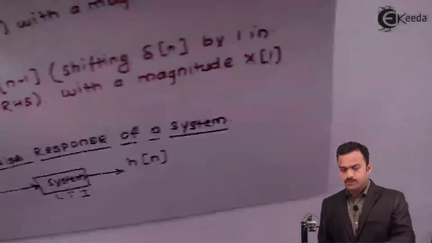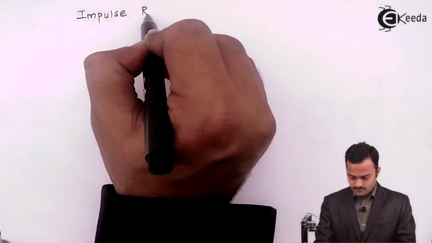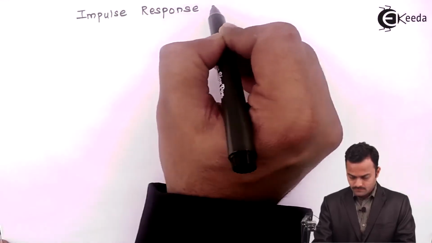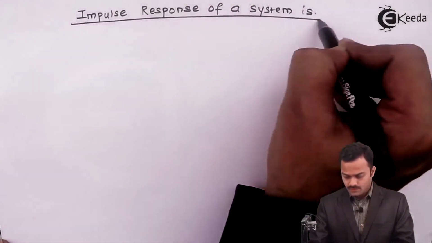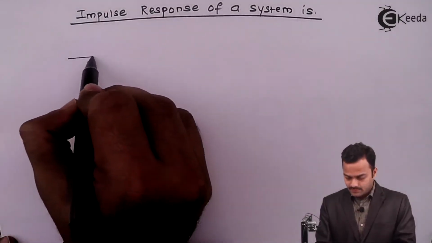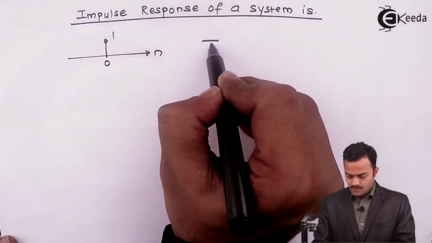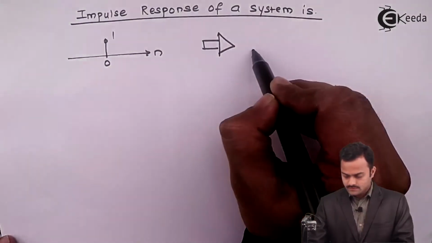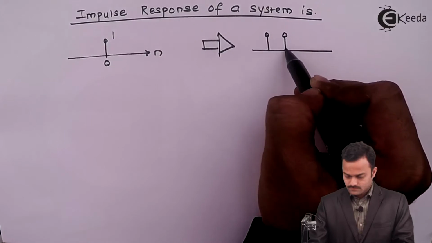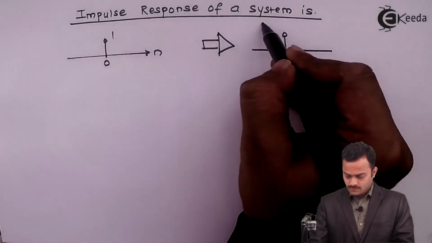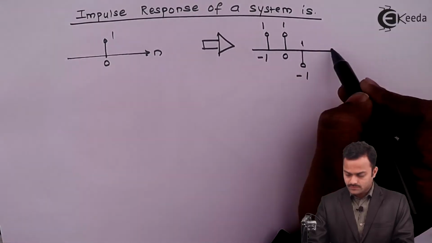So let's consider the impulse response of a system is, I'm randomly selecting that if the impulse is applied to the system, I'm getting an output, let's consider it is like this: one, and -1, so the interval from -1, 0 and 1.